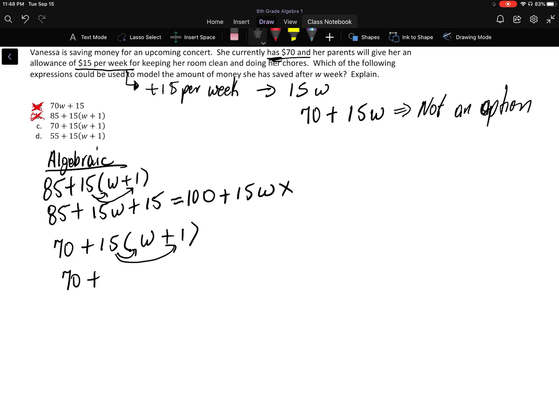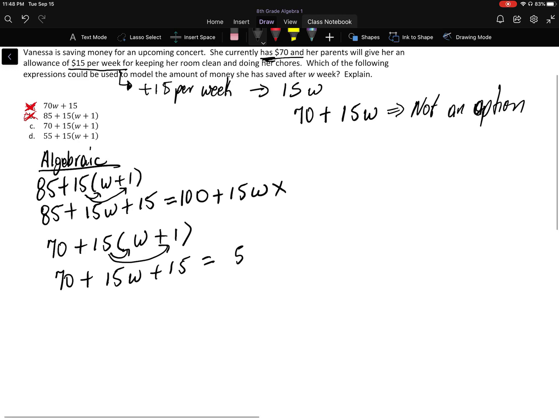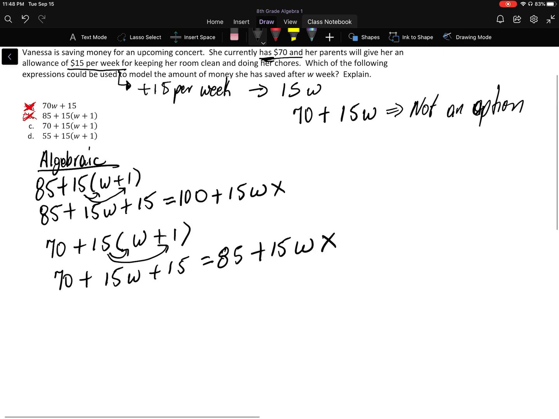So this is 70 plus 15W plus 15, and that's 85 plus 15W. Compared to 70 plus 15W, that's up top, so this also is not a correct answer. I'm going to go ahead and cross it off.